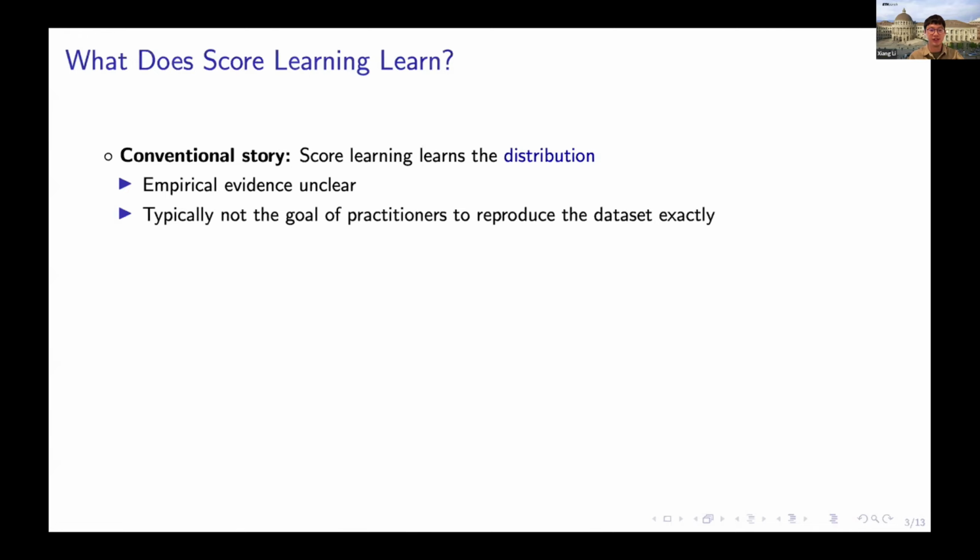And often we want diverse images, and exactly recovering the data sampling distribution p data is not the goal of many applications. So in this work, our story is that score learning, instead of learning the distribution, actually learns the geometry structure of the data.